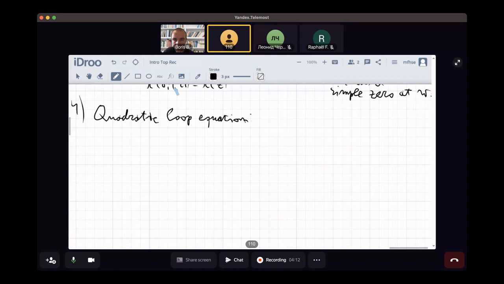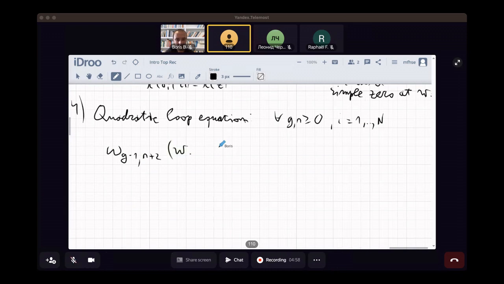So the quadratic loop equations are, again, for every g, n greater or equal than 0, and for every i from 1 to n, we should have that the following expression: omega g minus 1, n plus 2, of w, sigma i of w, then z1 and so on zn.